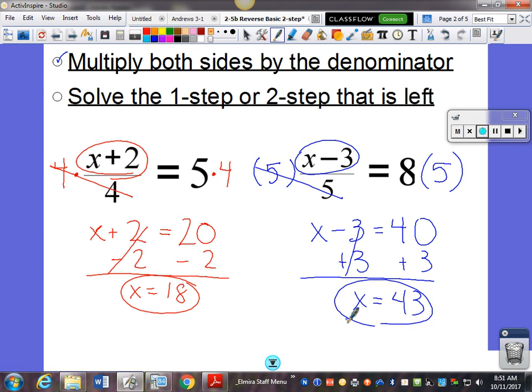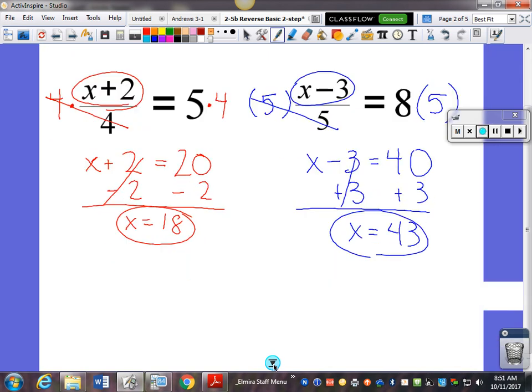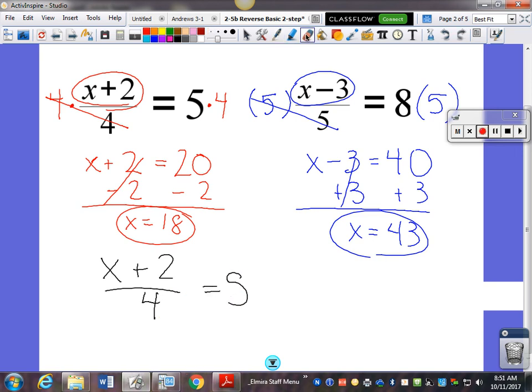To do a check, the checks are not any different than our previous method of doing a check. My original problem is x plus 2 over 4, and I want it to equal 5. So I'm going to replace the x with the answer I got of 18.